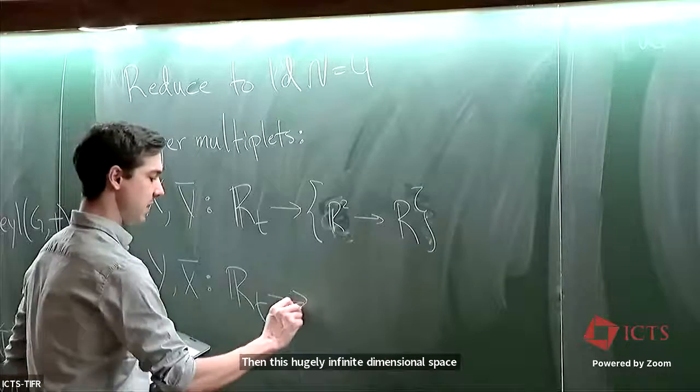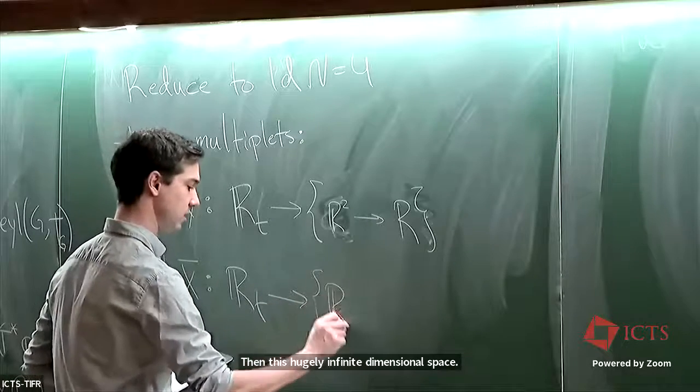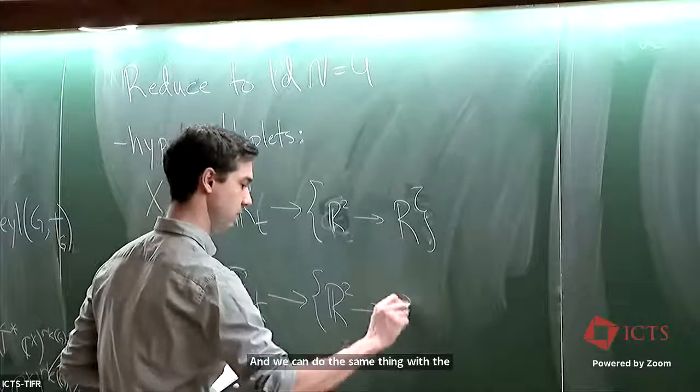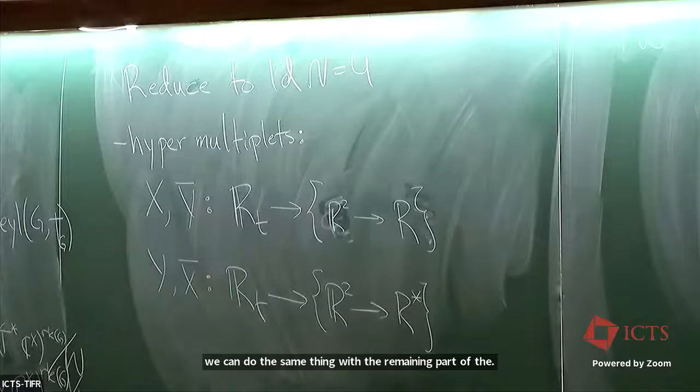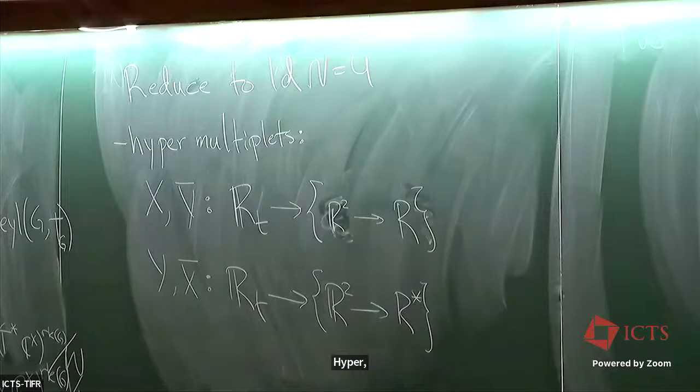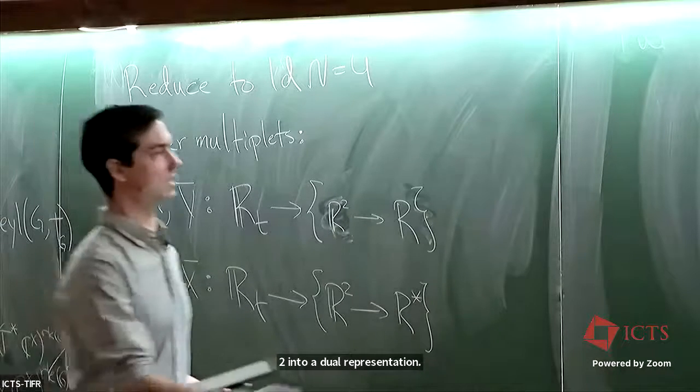And we can do the same thing with the remaining part of the hypermultiplet scalars. They're also going to be valued in maps from C or R2 into the dual representation. We can do the same thing with the vector multiplets.